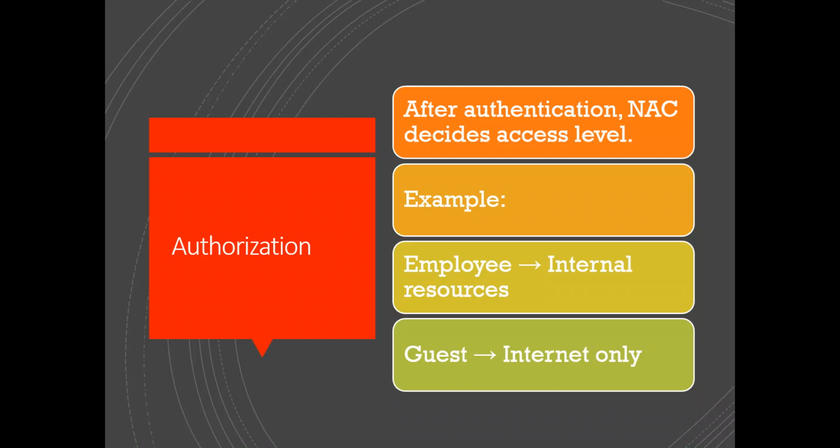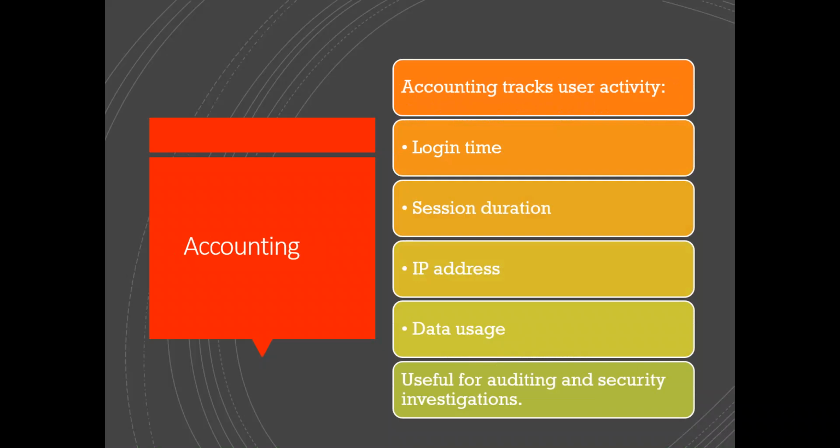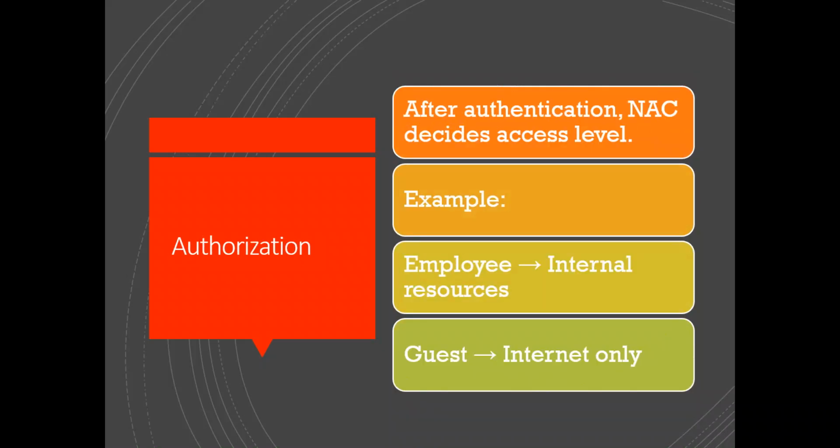For example, an employee may get access to internal servers, corporate applications, and the internet, but a guest user only gets access to the internet with limited bandwidth. Authorization ensures that users only access resources they are permitted to use.